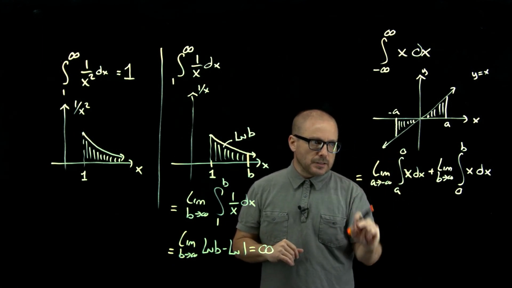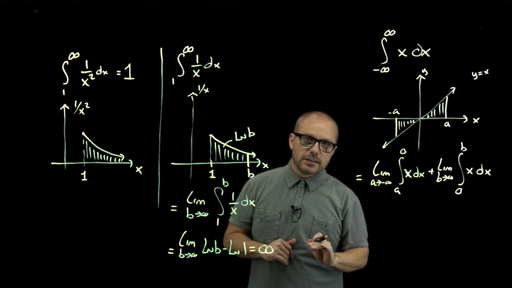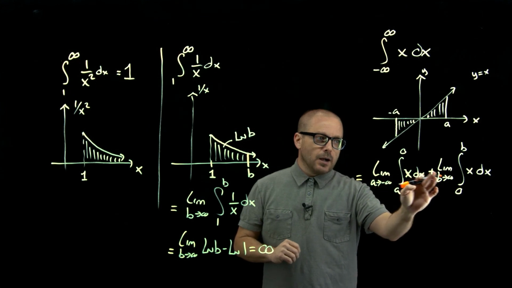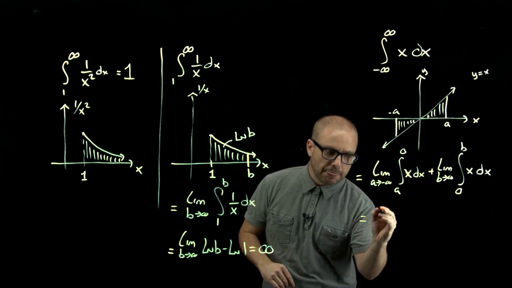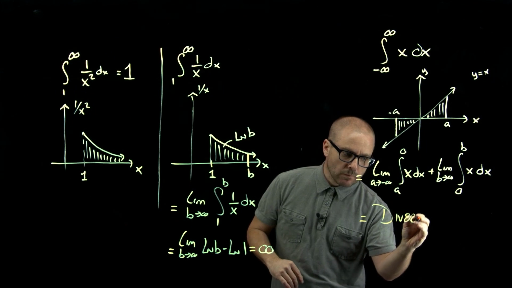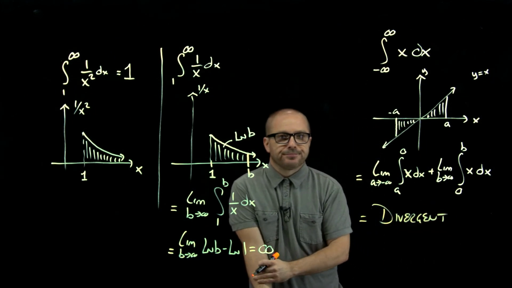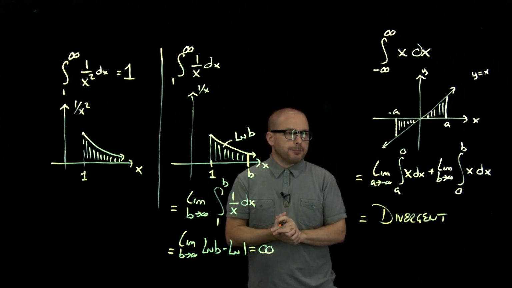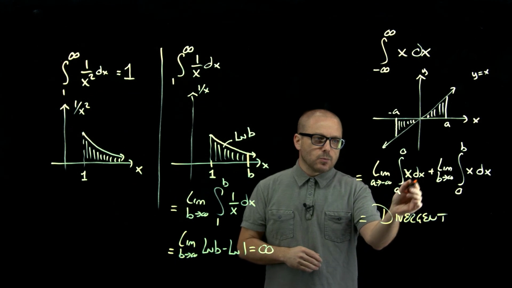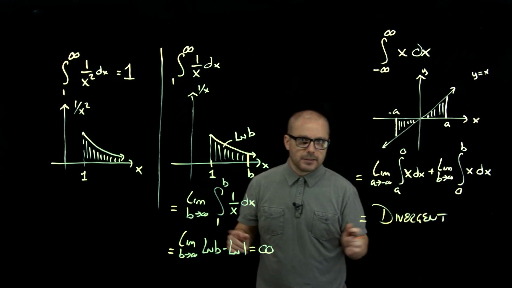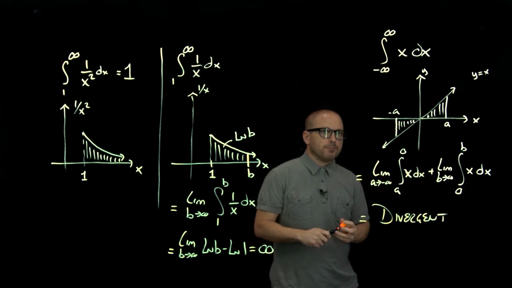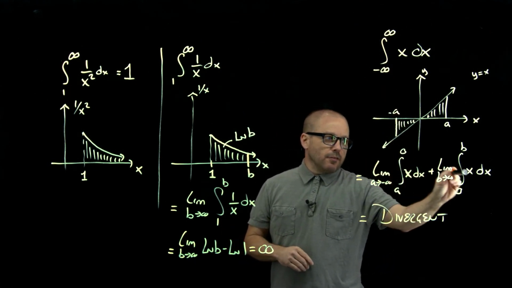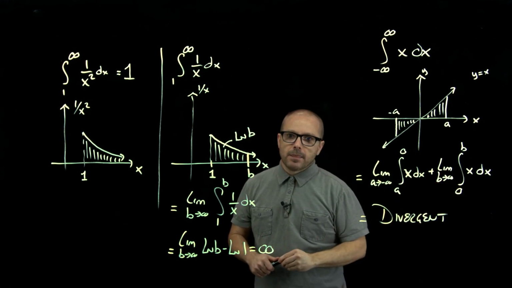So you can't take something that does not exist and add it to something else that does not exist to get something that exists. So this sum is divergent. So don't think of those as canceling off. Like I mentioned before, as soon as one of these integrals doesn't exist, the whole thing doesn't exist. So remember, we have to go by what we defined that to mean, and we defined it to mean those integrals right there.